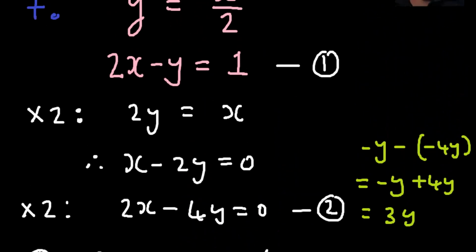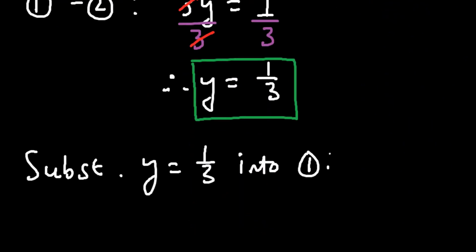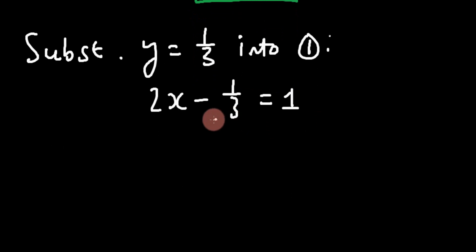So in equation 1 we have 2x minus y equals 1. We can take the negative third to the right-hand side. So it's going to be 1 plus a third, which is 4 over 3.